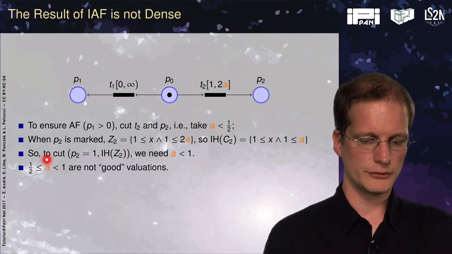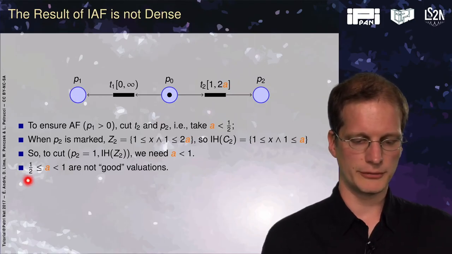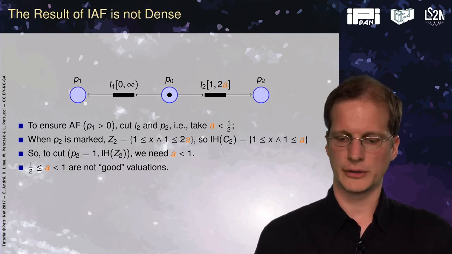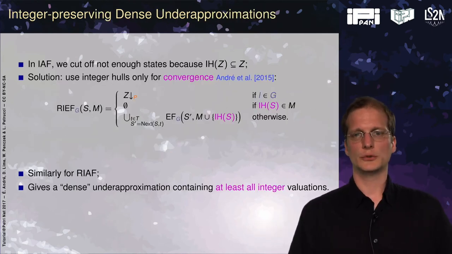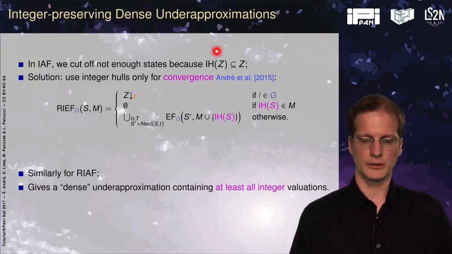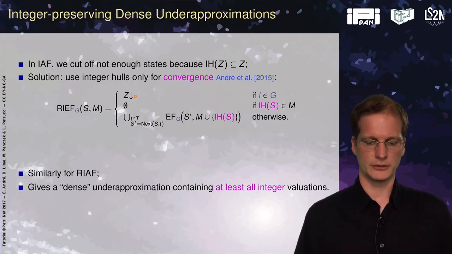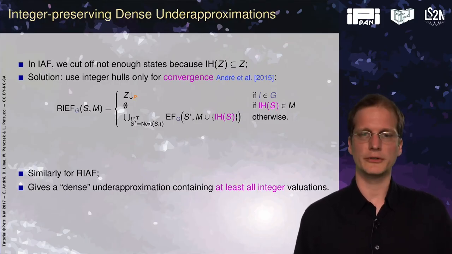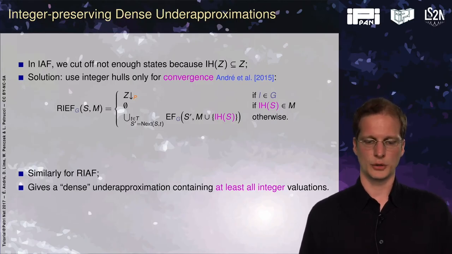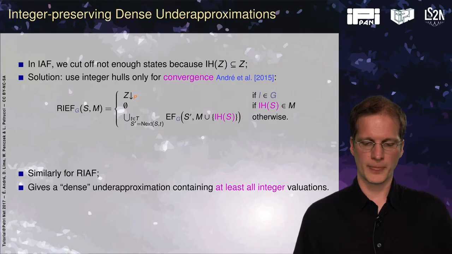So all the valuations which are between 1/2 and 1 are not good valuations, but they are in the results of our algorithm. The problem here is that we have not cut enough states, because the integer hull of dead is actually included in dead, and when we take the complement, we do not remove enough parameter valuations.